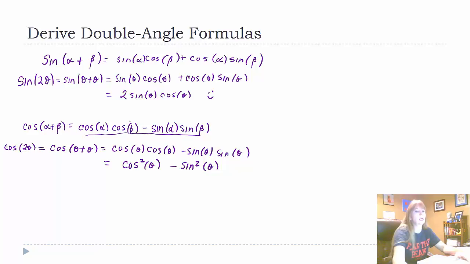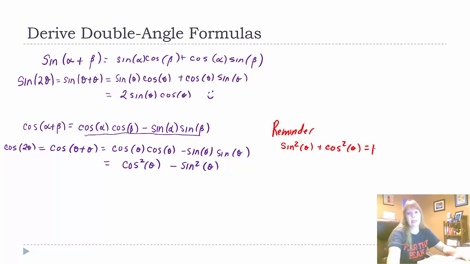All right, and let's get another color. And just as a reminder, over here on this side, sine squared theta plus cosine squared theta equals 1. We've been using that identity a lot, so you should remember it by now, right? Let's solve this for sine squared theta. So it equals 1 minus cosine squared theta.